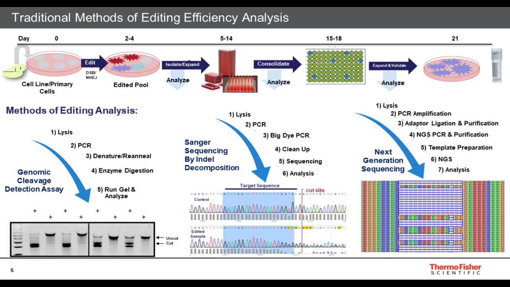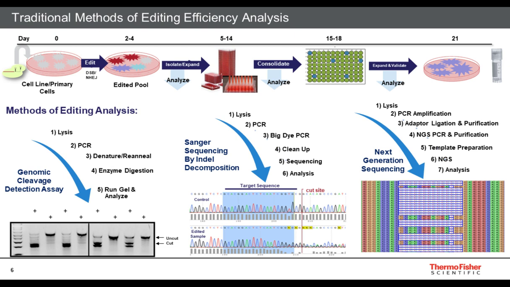From here, you now have NHEJ occurring, and now you have an edited pool, and that's denoted here by the different colors. So each cell, in theory, can have a different edit at this point, right? You have a pool of edited cells. And then the next step would be to isolate and expand these edited cells using your sorting or your limiting dilutions to get your single cell clones.